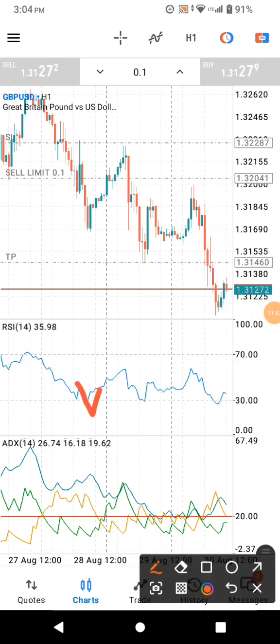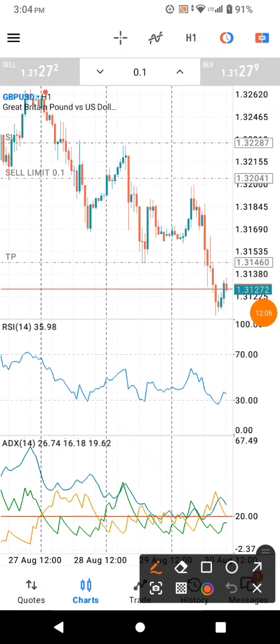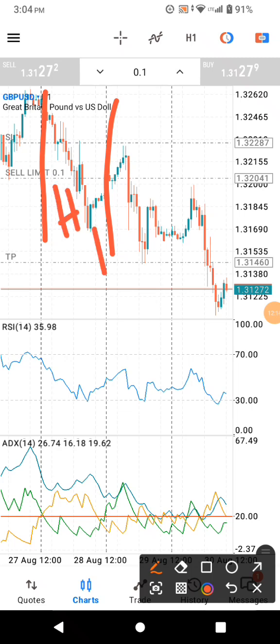Let's see it together. Let's just mark that place. This is where the trend was. This is an H1 trend. But the RSI, as you can see, crossed up. Let's see what happened to the trend after that. Let's go to H4. Oh, it's not writing again.